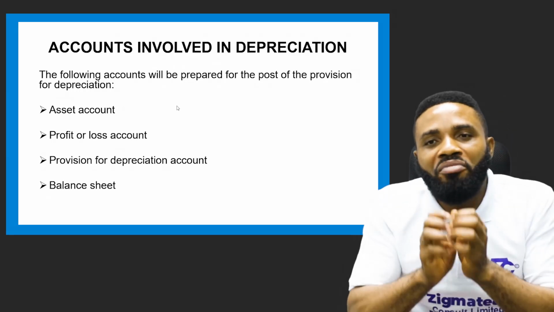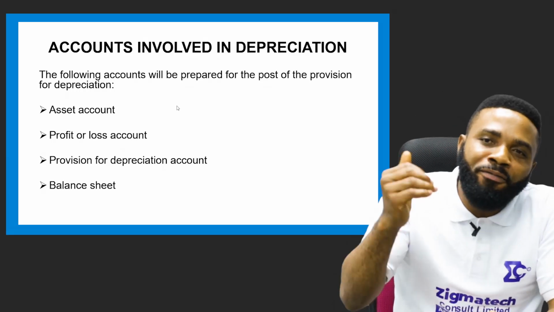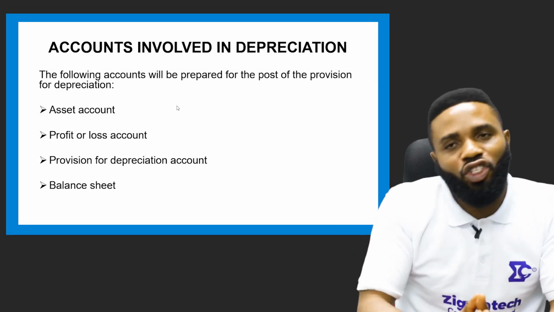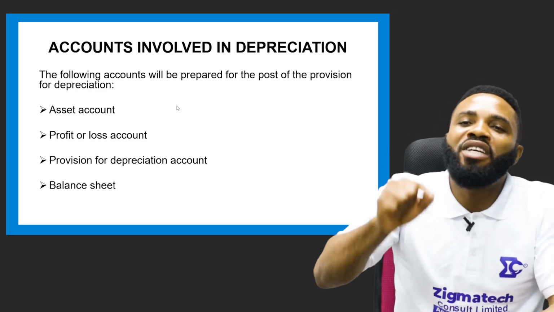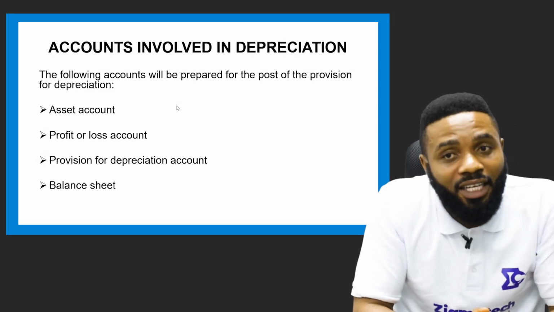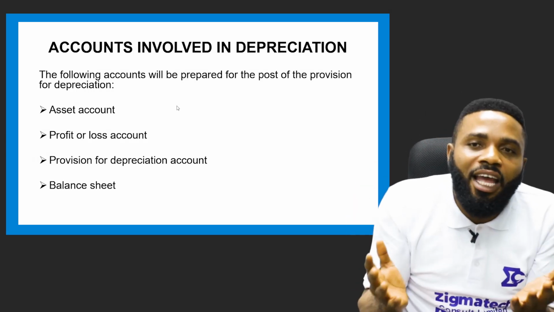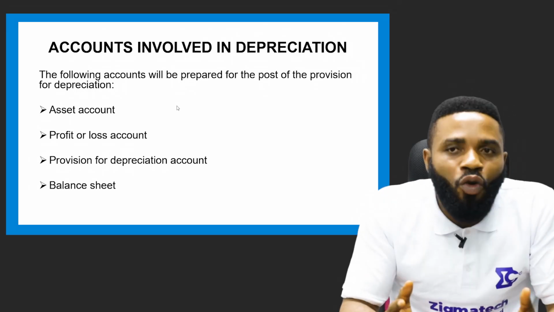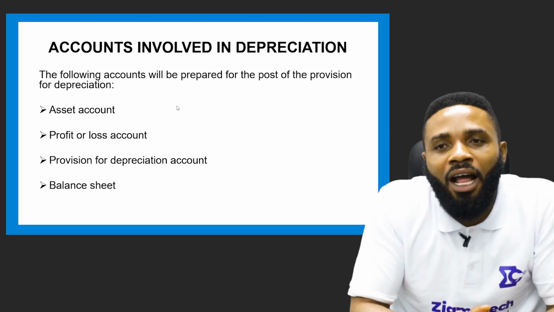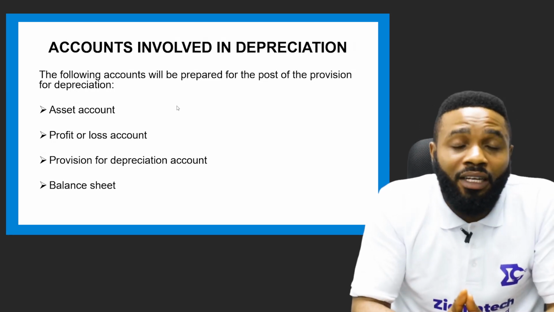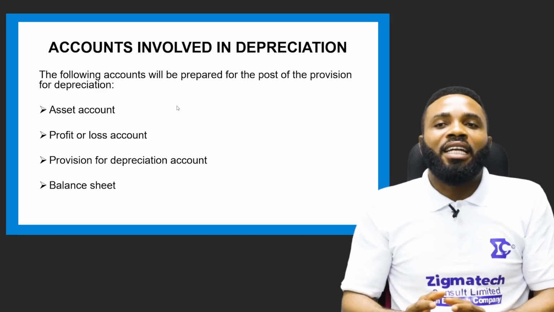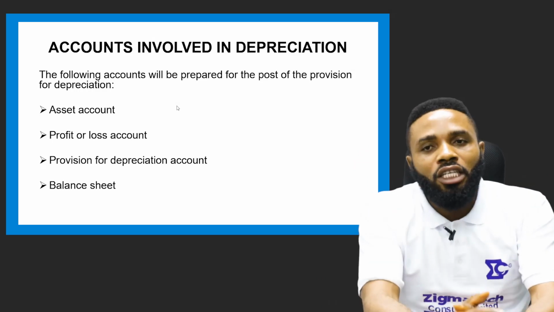Short-term liabilities. So the reason you have to prepare this is because the net book value of the asset must be accounted for in your balance sheet. If it is not accounted for, you have misinformed the company about the position of their asset. Every company must have an idea of the properties at their disposal, whether they are leasehold properties or properties that are owned by the organization.